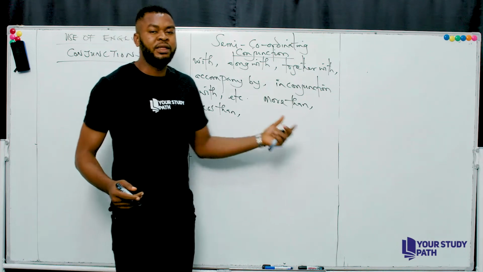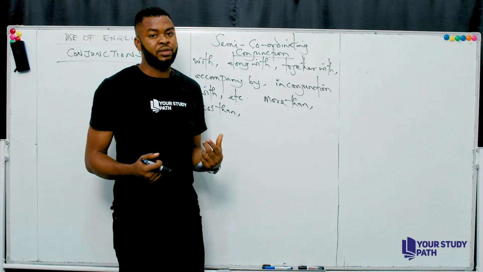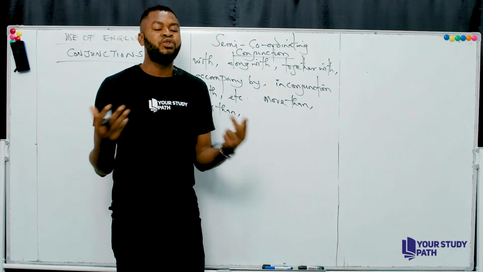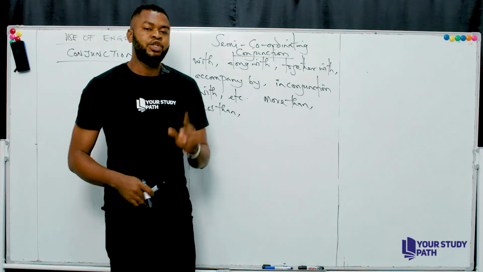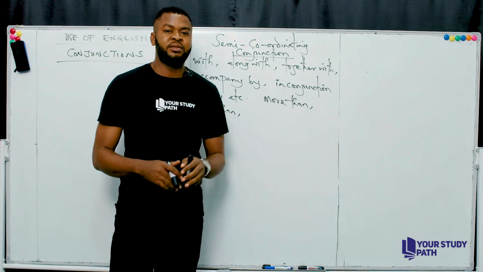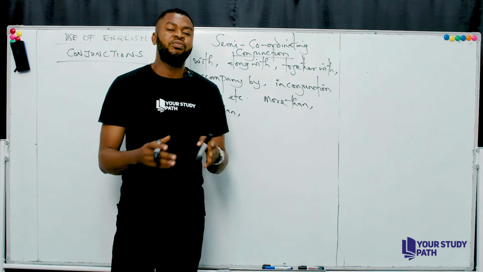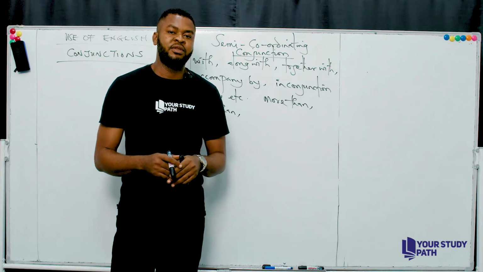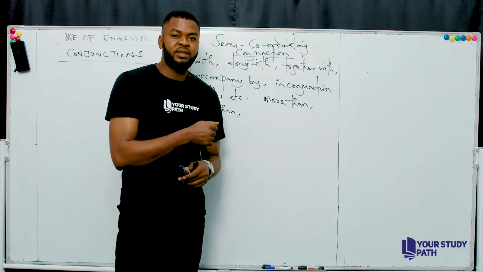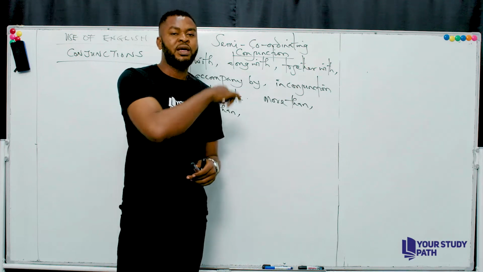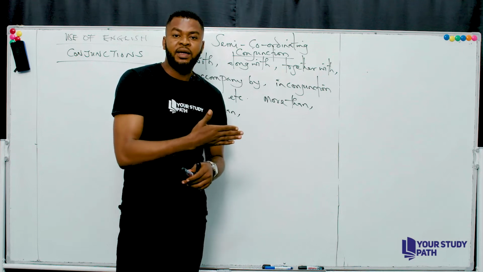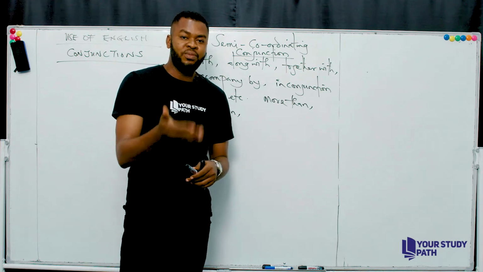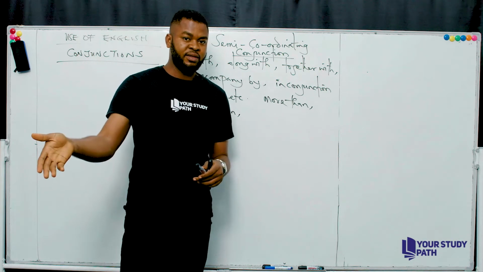Now, these conjunctions would help to link 2 subjects together in such a way that your attention should be on the first subject. If the subject before any of these semi-coordinating conjunctions is singular in person and in number, the verb must be singular.